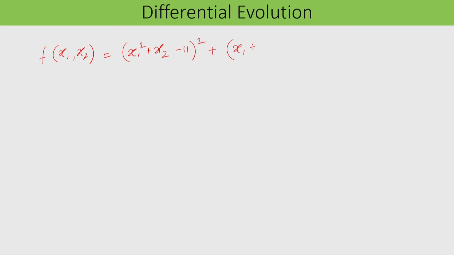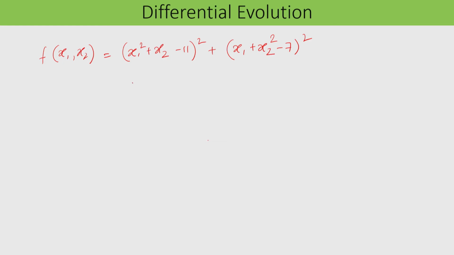In this case, I will be using this function first, that is f of x1 x2, which is equal to (x1 square plus x2 minus 11) whole square plus (x1 plus x2 square minus 7) whole square.